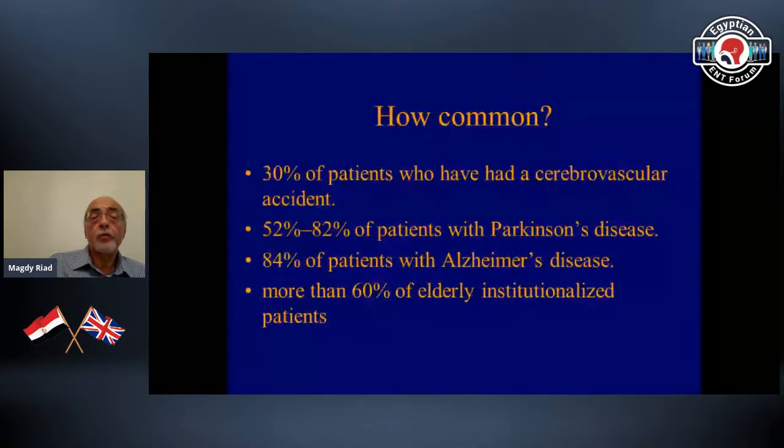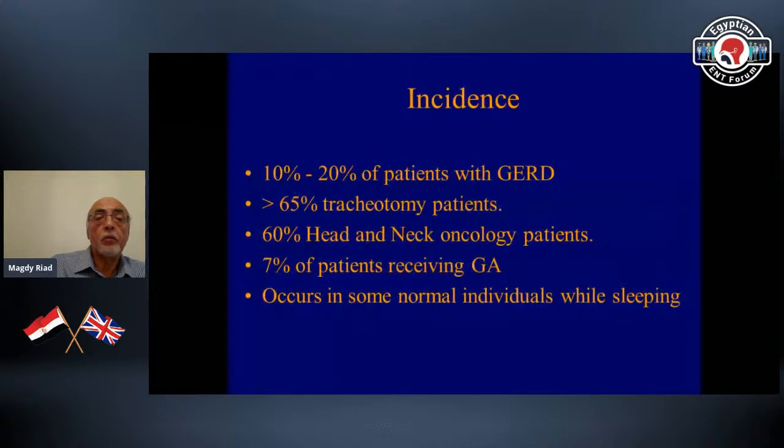But the other good reason to have aspiration would be problems in the larynx or the pharynx itself rather than problems in the CNS. Now, this can be increased if you have gastroesophageal reflux.